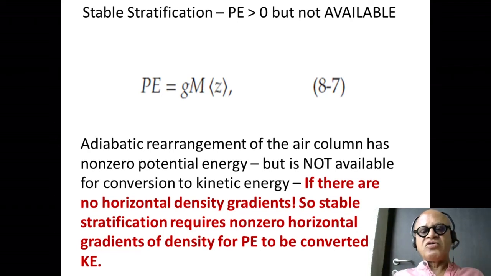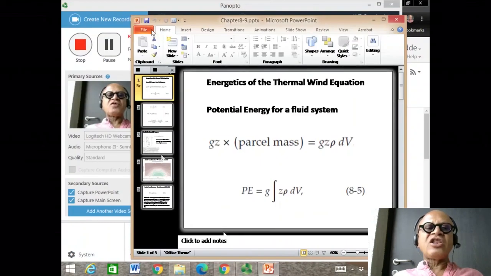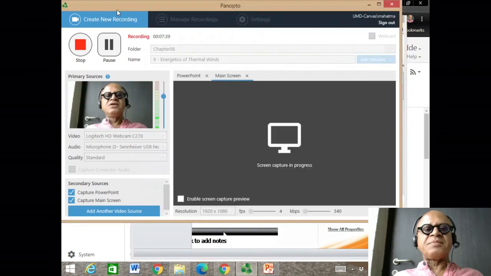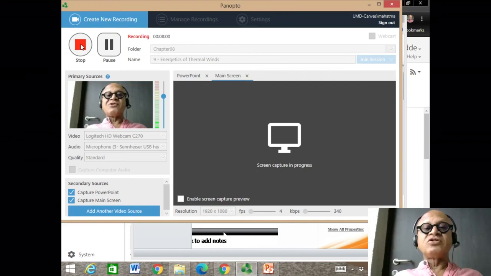That's what is critical for releasing that potential energy. That's a lot of words, but make sure you read the book, you understand the concept that I'm trying to describe. If I didn't do a good job of describing it, we will add more details as we go along. But obviously we have horizontal gradients and thermal winds based on those and so on, which means there is available potential energy because of these horizontal gradients, even though locally there are stable gradients.